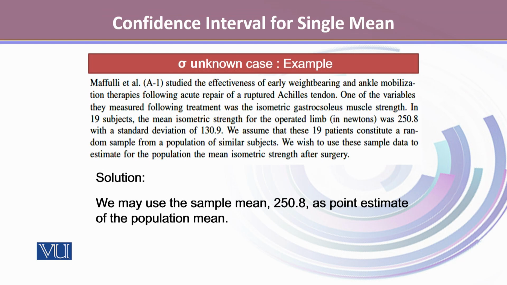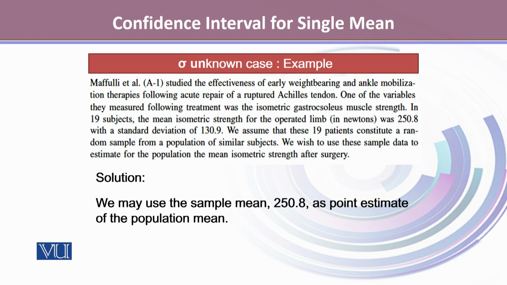Let's take an example. Researchers studied the effectiveness of early weight-bearing and ankle mobilization therapies following acute repair of a ruptured Achilles tendon. One of the variables they measured following treatment was isometric gastrocnemius muscle strength.